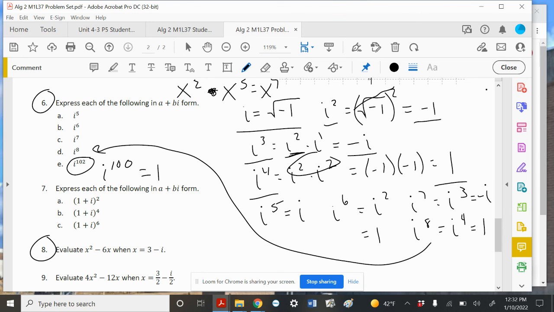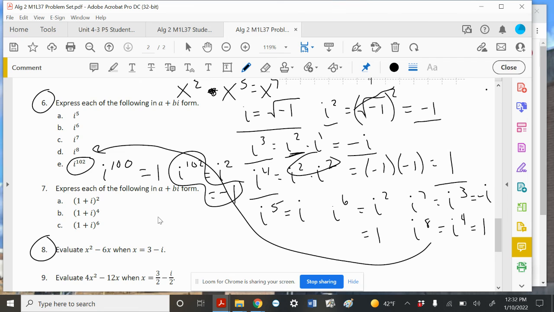Why do I know that? Because 4 divides into 100 evenly, so that has to be 1. So 2 more beyond that, i to the 101 equals i, and i to the 102 equals i squared. I know that i squared equals negative 1, so i to the 102 equals negative 1.